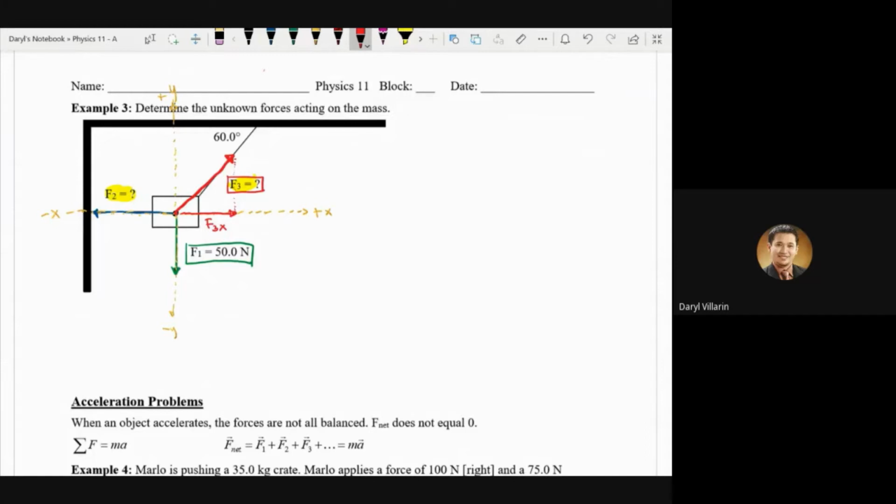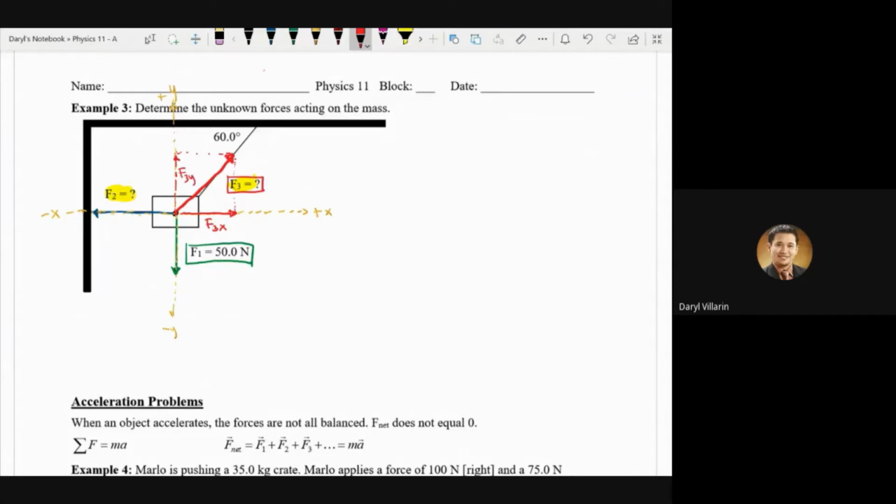To get the x and y components, you project the tail of the vector towards the y-axis, and the one that hits there would be the tip of the component of that particular vector along the y-axis. So actually, this is another way of drawing your x and y component. This is my F3y.